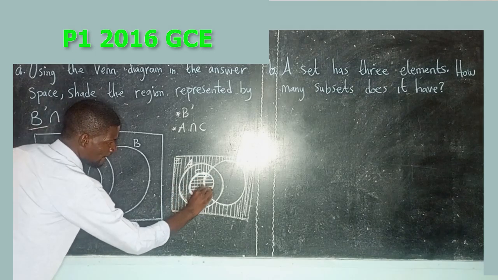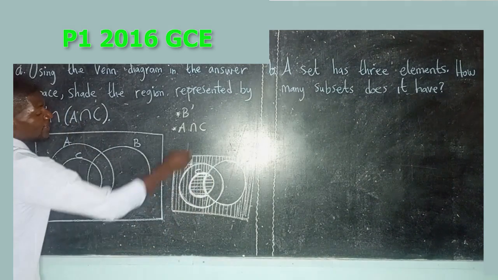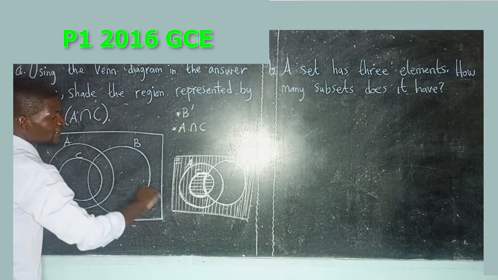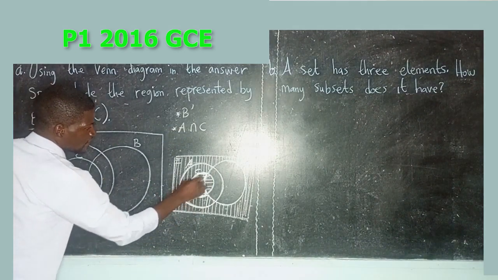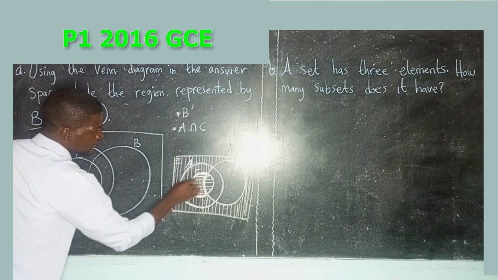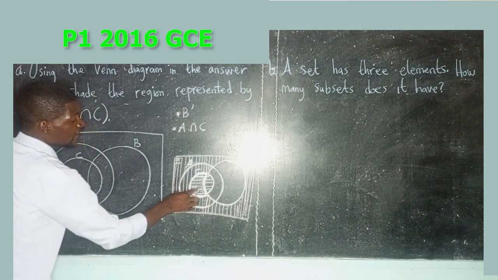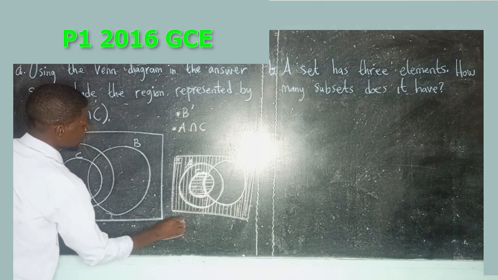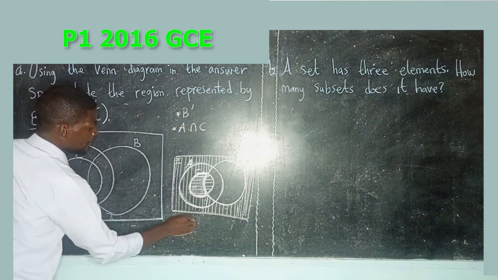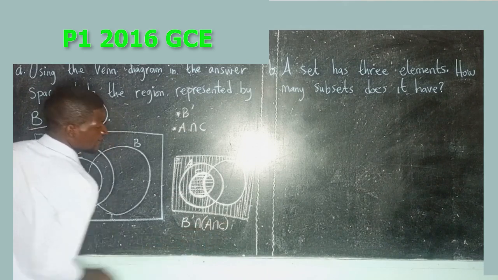That's the only area where the vertical lines have coincided with the horizontal lines. That area is what gives us B complement intersection A intersection C.